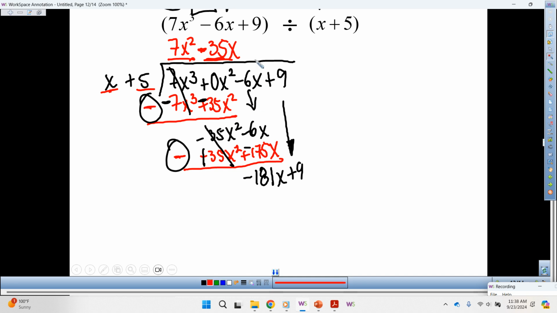Last step. What number times x gives us negative 181x? Negative 181. Yes? So that gives us negative 181x. Negative 181 times 5, that's negative, what is it?